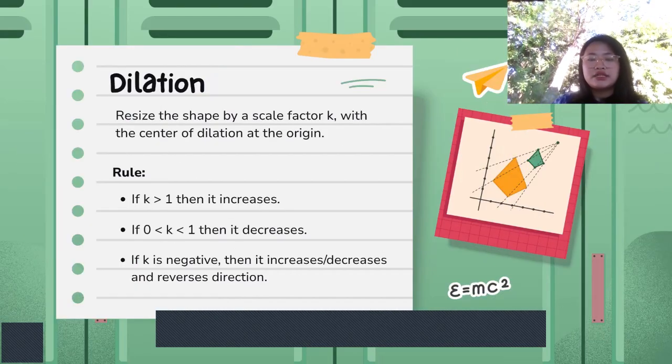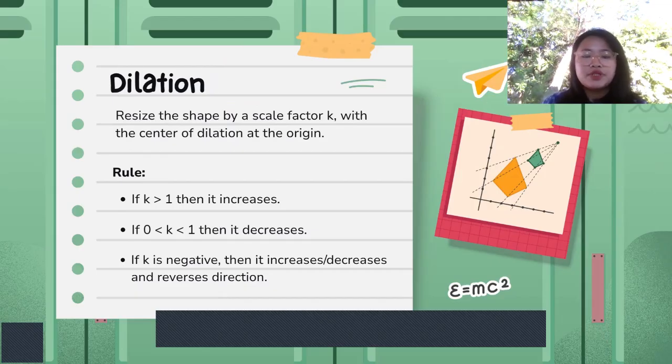The last type is dilatation. Dilatation changes the size of a figure using a scale factor, usually represented by k. If k is greater than 1, the figure becomes larger.